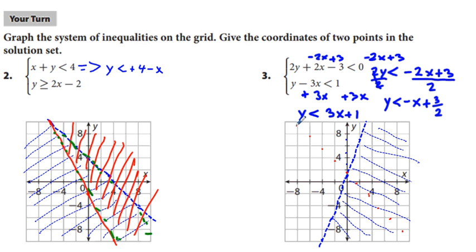Okay, that's what I was going to do. So anyway, that's going to be not equal to, but less than. So we're going to go like this. And less than. So we're going to be shading this area. Let me get a skinnier pen here. And so it'll be like this.